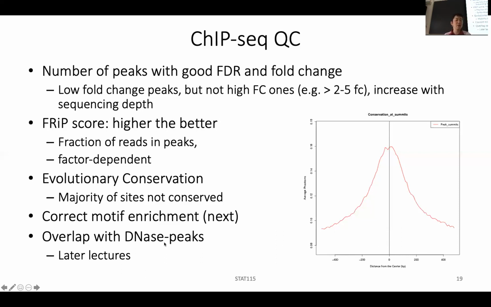This is an experiment which can give you almost all the transcription factor binding sites in the genome. It just tells you something is binding here, but it doesn't tell you what factor is binding there. But there are assays like that. So if your ChIP-seq data has good overlap with all the DNase peaks, then that's a good indication it's a good quality experiment. Okay.